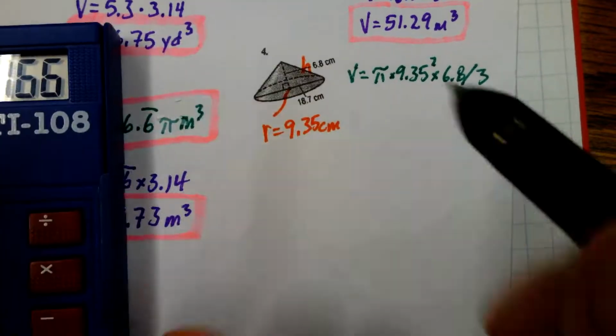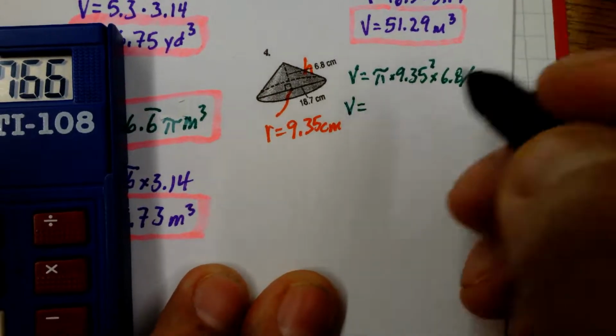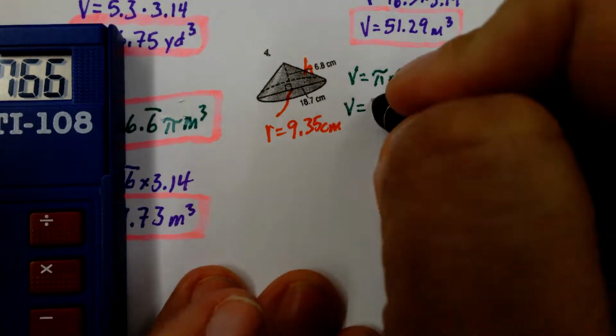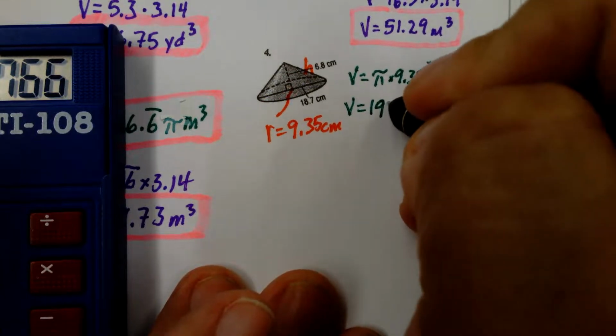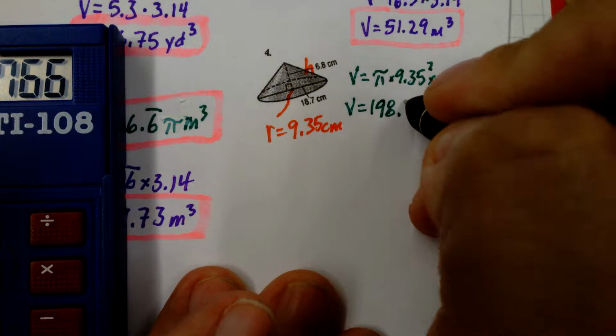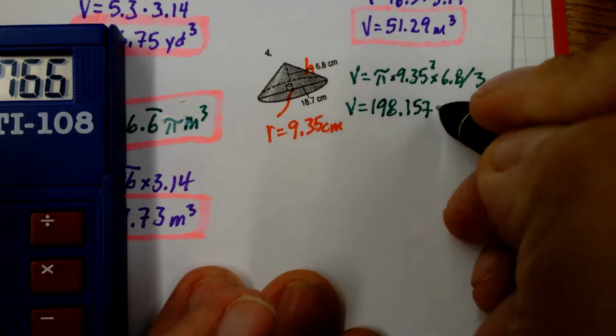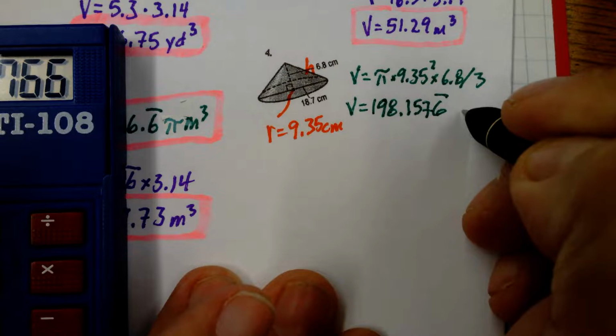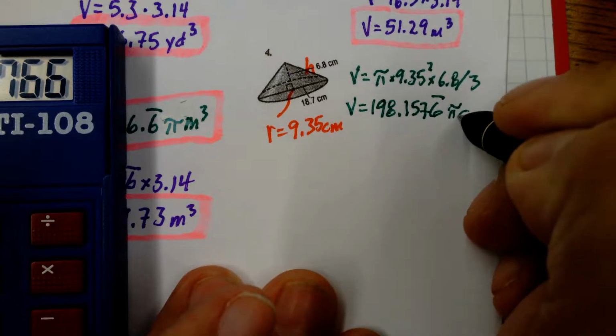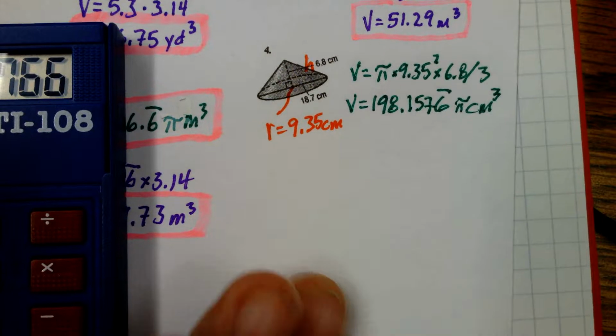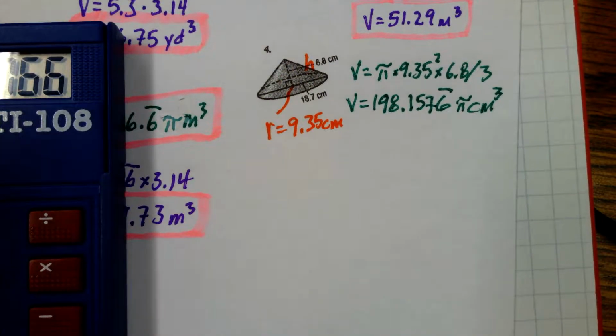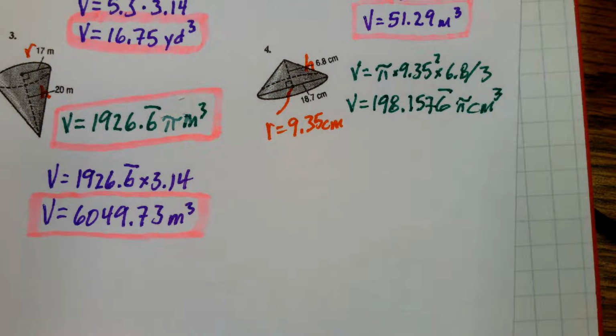So I'm going to move pi to the end, and it's 198.1576 6 repeating pi, cubic centimeters. Because we're dividing by 3, if you don't have factors of 3, you are going to get repeating decimals in there. Okay, that's our exact answer.